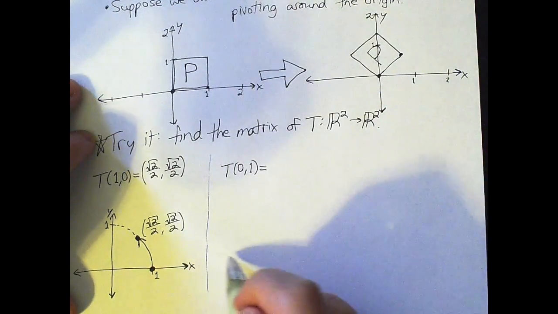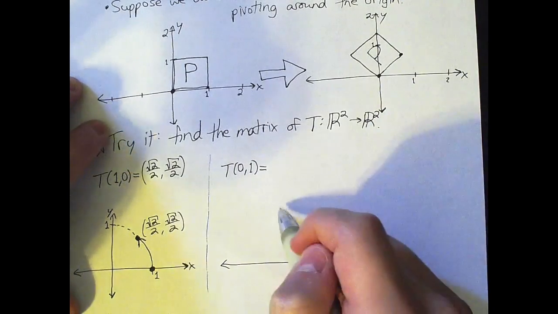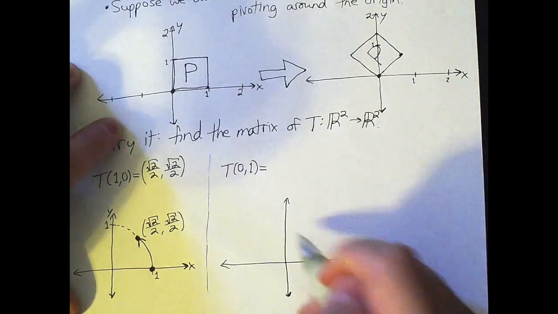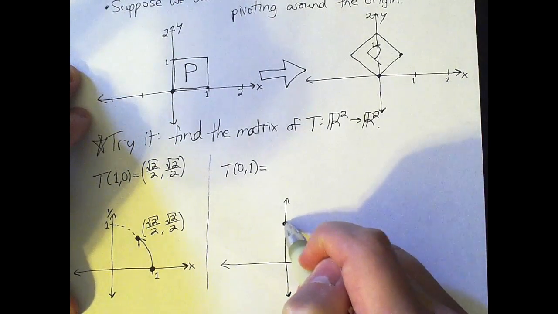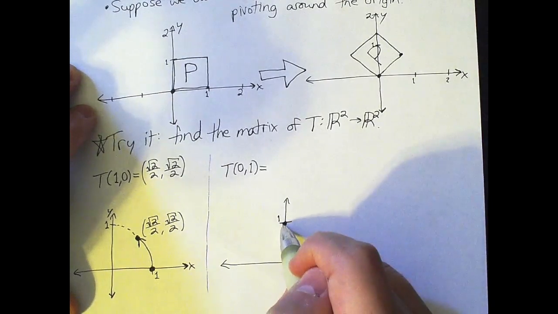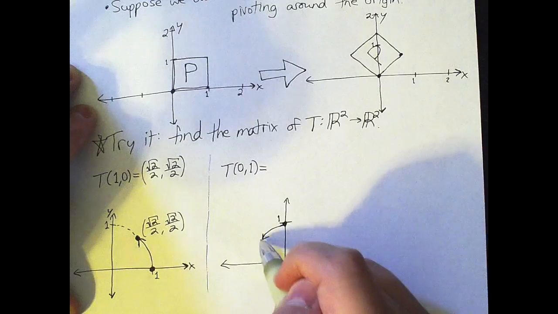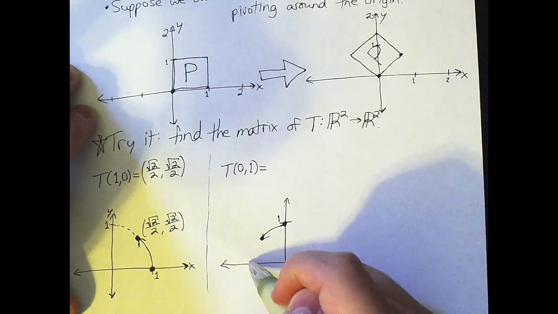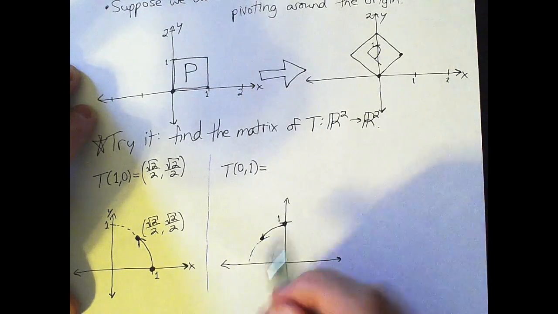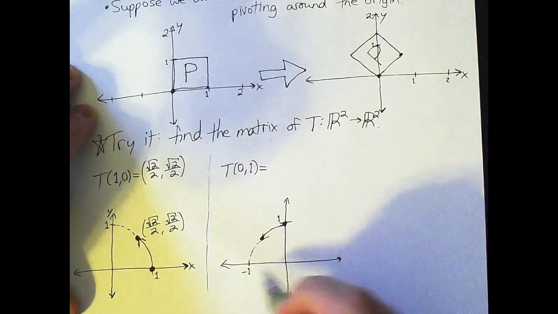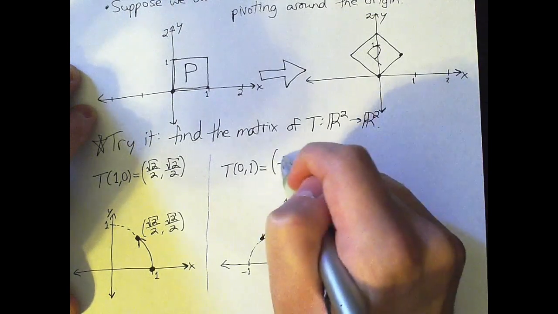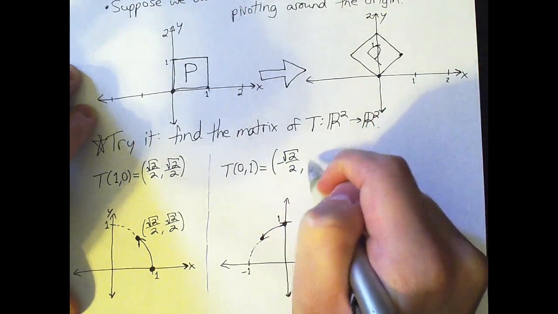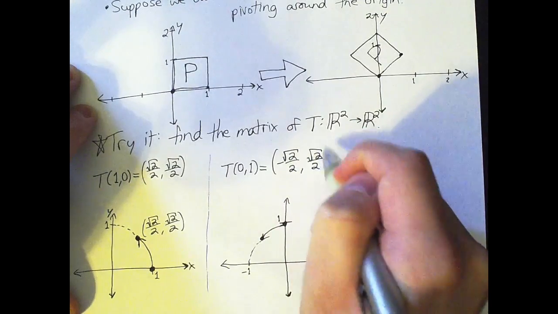For the other point, we're talking about something that starts at 0, 1. So up here, and it's being rotated that way also, winds up over here. This is also kind of moving around the unit circle in a sense. And this is going to wind up at negative square root of 2 over 2, comma, square root of 2 over 2.